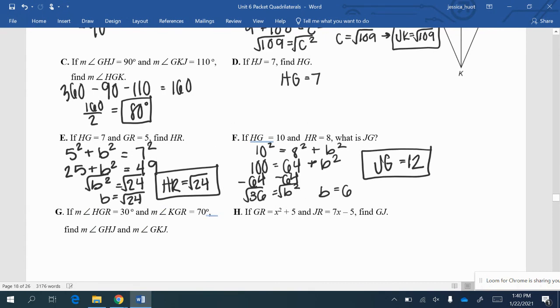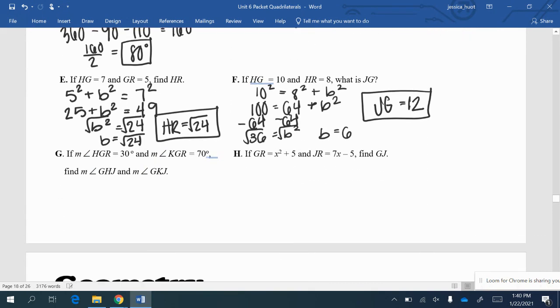Okay. If the measure of angle HGR is 30 degrees, I am going to draw this. It's pretty bad, but that's okay.